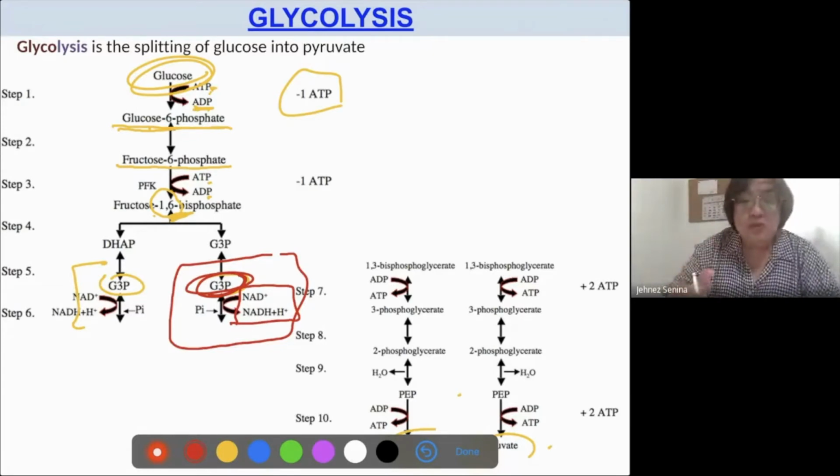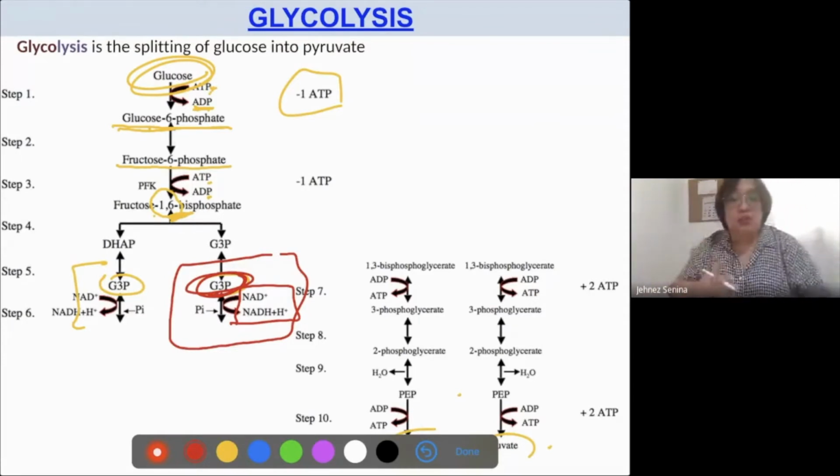So remember, in chemical reactions here in cellular respiration, if anything is oxidized, something will be reduced. If something is reduced, something is oxidized. So NAD plus is reduced. Where did the electrons and hydrogens come from? G3P, meaning G3P is oxidized.